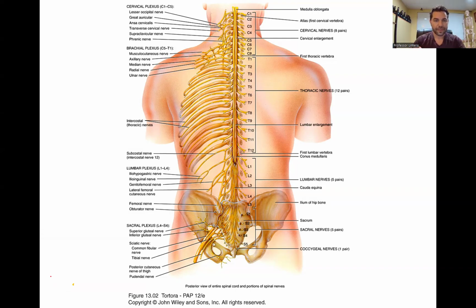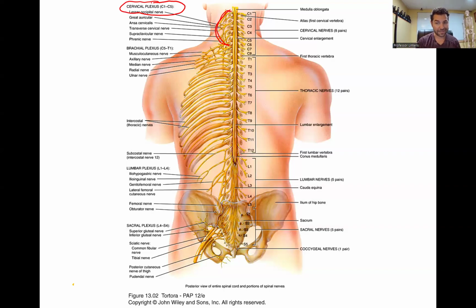You'll notice that there are branches coming off this spinal cord, and they're in groups. So the first thing I want you to know is that groups of spinal nerves coming off the spinal cord are called plexuses, or a plexus.